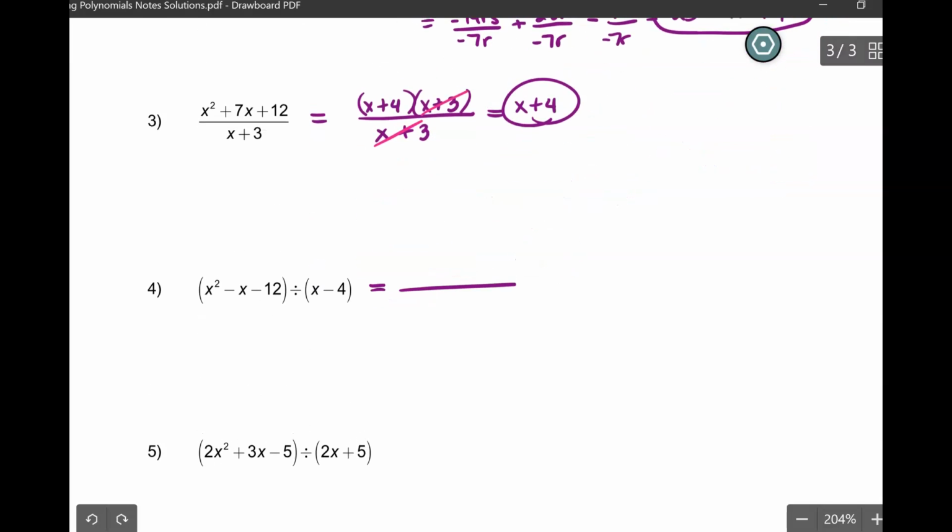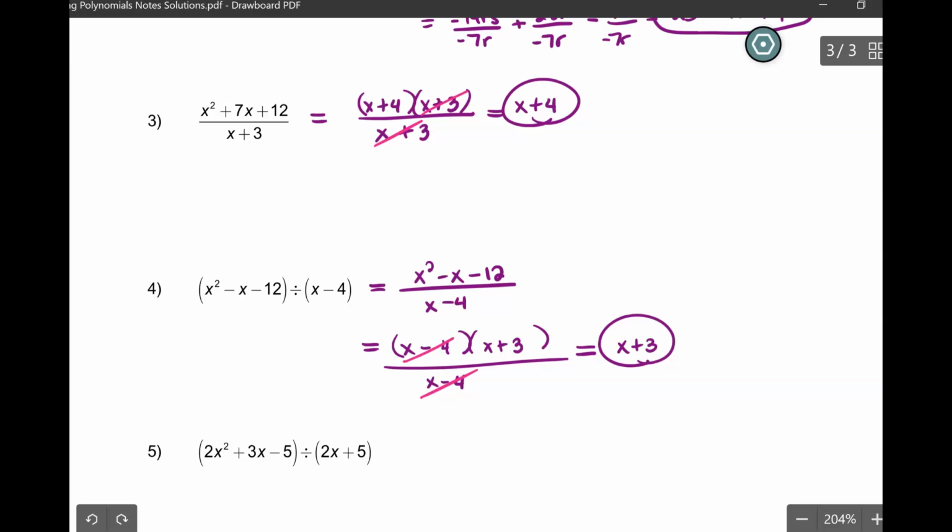Next one, we have x squared minus x minus 12 divided by x minus 4. So we look to see what we can factor this into. We would factor it into x minus 4 and x plus 3. The x minus 4's cancel, and we're left with x plus 3.